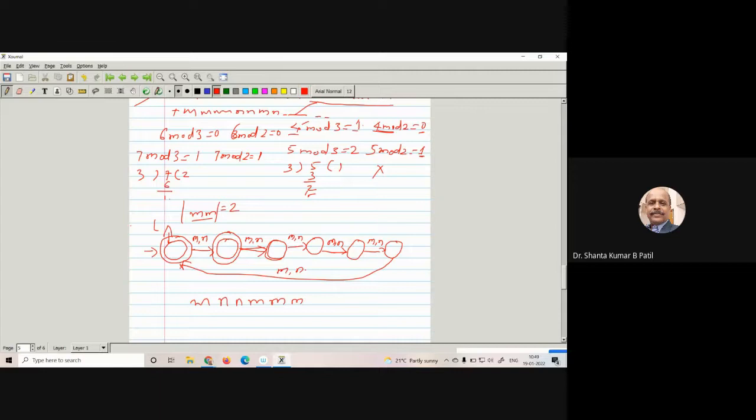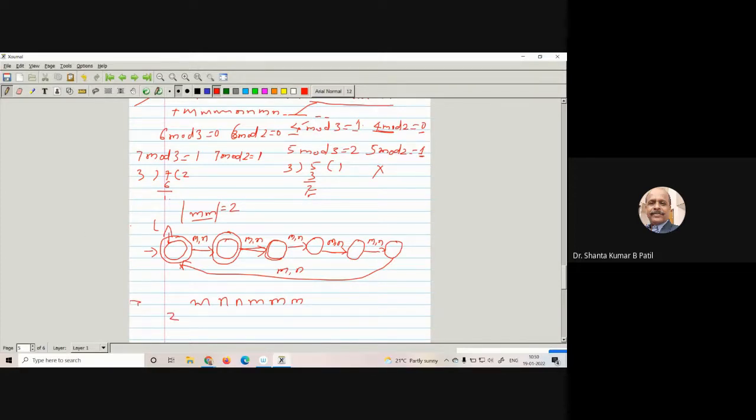A string consisting of 13 symbols also, whether all are M or all are N or combinations of M and N. So 13-symbol strings are also accepted. Even 18 is accepting. 18 means it is almost 3 times in the loop. 19 is accepting, but 20 is not accepted because of 20 mod 3.